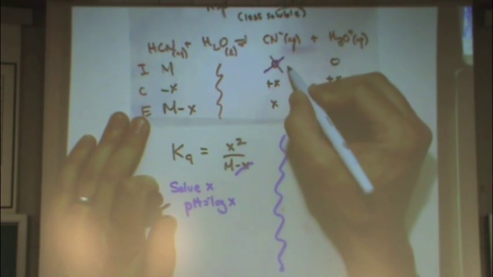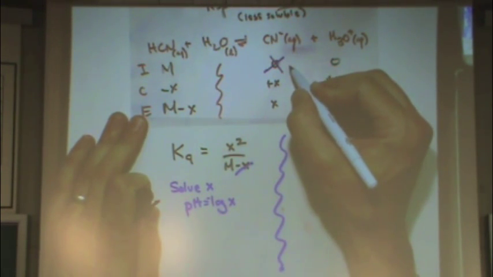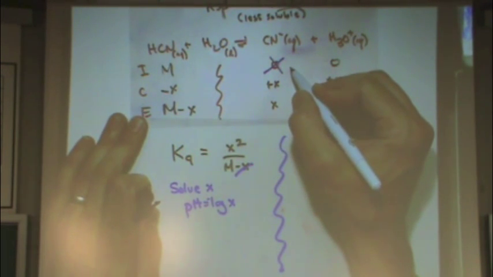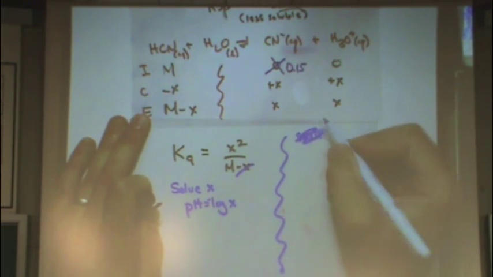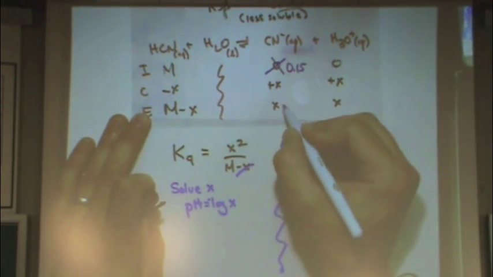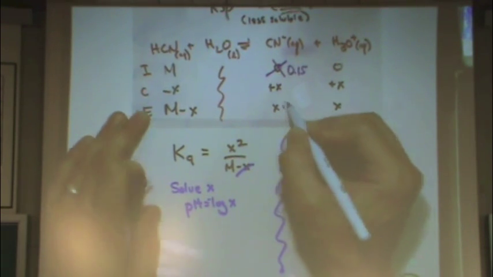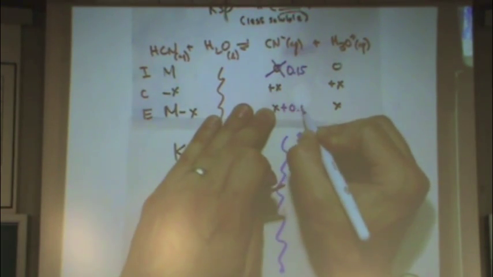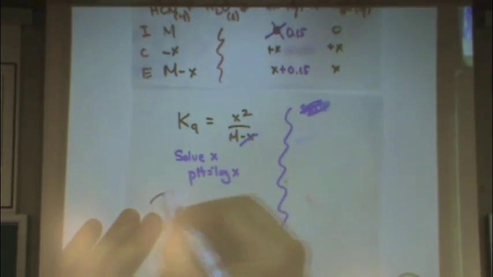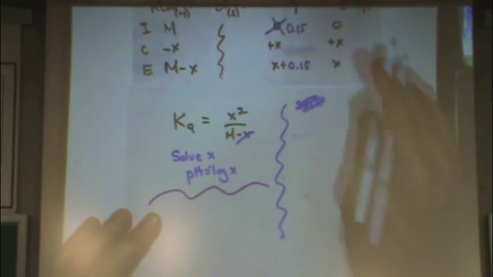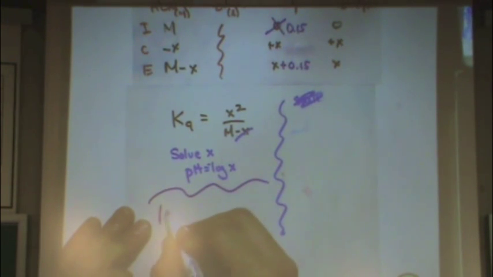We're going to have a number here. What number? What letter should we use? I don't know. 0.15. I just picked a number. So this would be X plus 0.15 here. Okay. So then for the purple question, the common ion is in purple here.